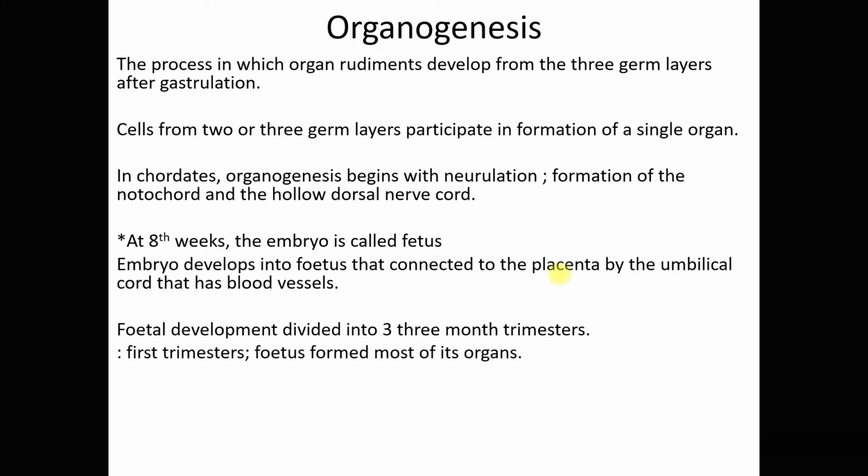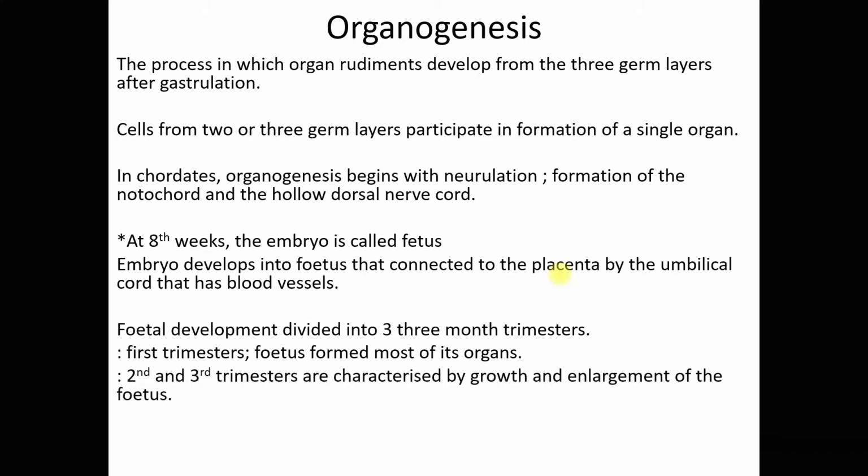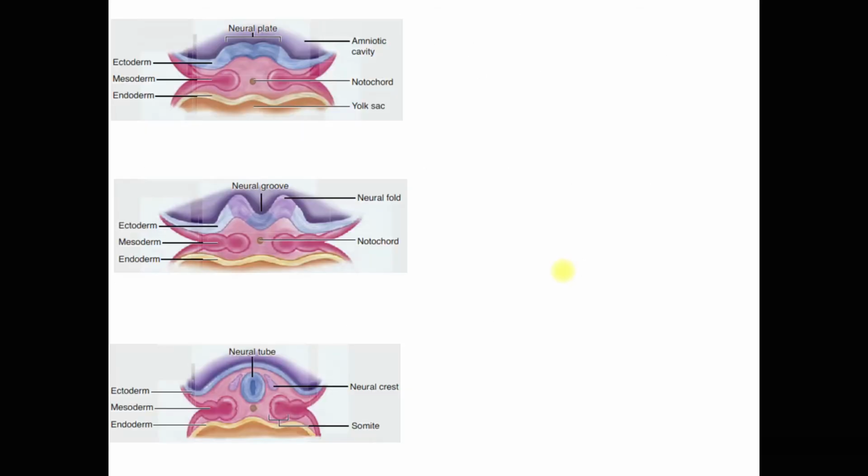During the first trimester, the fetus forms most of its organs, and the second and third trimesters are characterized by growth and enlargement of the fetus. So I mean to say, the first 3 months are crucial for the formation of the organs of the fetus. The second and third trimesters, meaning the 4th month until the 9th month, are the growth and enlargement of the fetus.